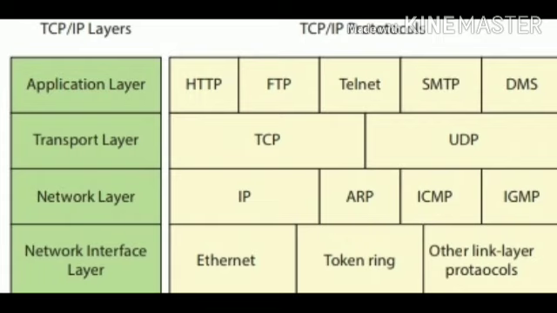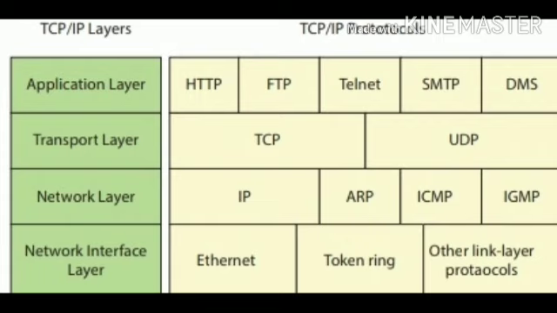Next are the TCP/IP layers and their protocols. In the application layer, different kinds of protocols are used. What are they? HTTP, FTP, Telnet, SMTP, DNS. HTTP, FTP, SMTP are already seen. Telnet is a telecommunication network. DNS is the Domain Name System.